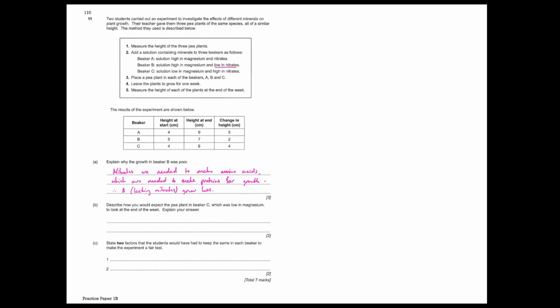Okay, B, describe how you'd expect the pea plant in beaker C, which is low in magnesium, to look at the end of the week. All right, so magnesium is required to make chlorophyll. So the first thing you'll see in a plant which is lacking magnesium is yellowing of the leaves. After that, you'll start to see more stunted growth because it can't photosynthesize as well, so it can't generate enough glucose, so it doesn't have enough energy to grow.